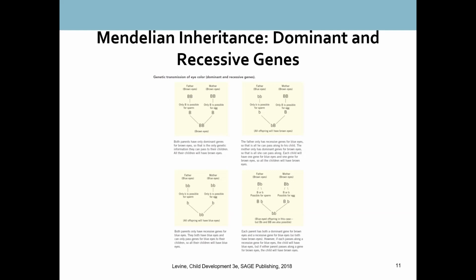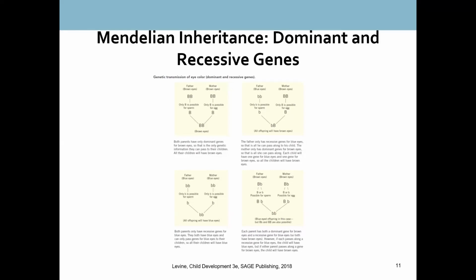In the second example, moving to the right, we have one parent with two brown eye genes, they would have brown eyes. And you have one parent that had two blue eye genes, they would have blue eyes. All of their children are going to have brown eyes. It doesn't matter that one of the parents has blue eyes in this case, because the one with brown eyes doesn't carry the blue-eyed recessive gene.